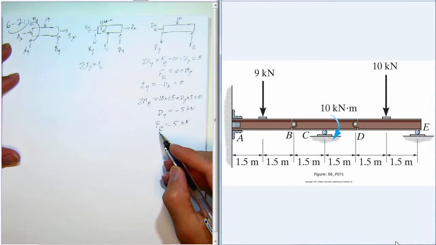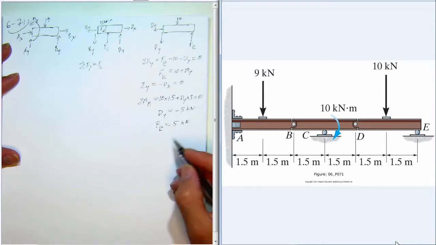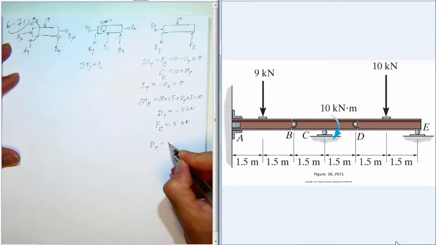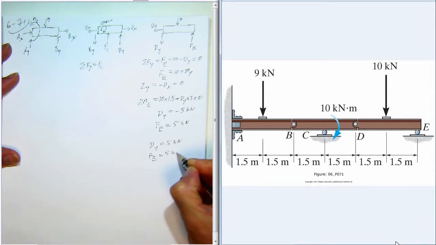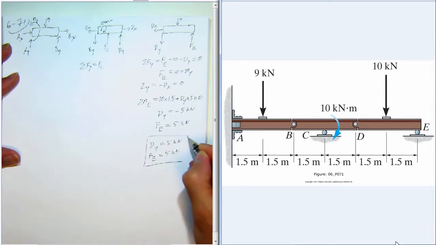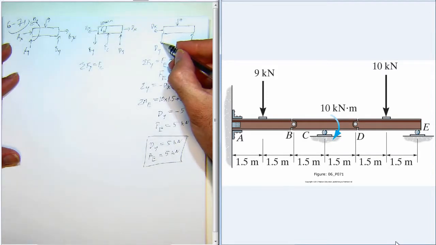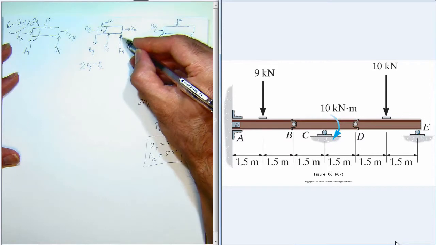This is how we were doing with the method of sections earlier. So Dy is 5 kilonewtons and Fe is 5 kilonewtons. And we'll change the direction of Dy. So Dy is shown up now here and down now here.